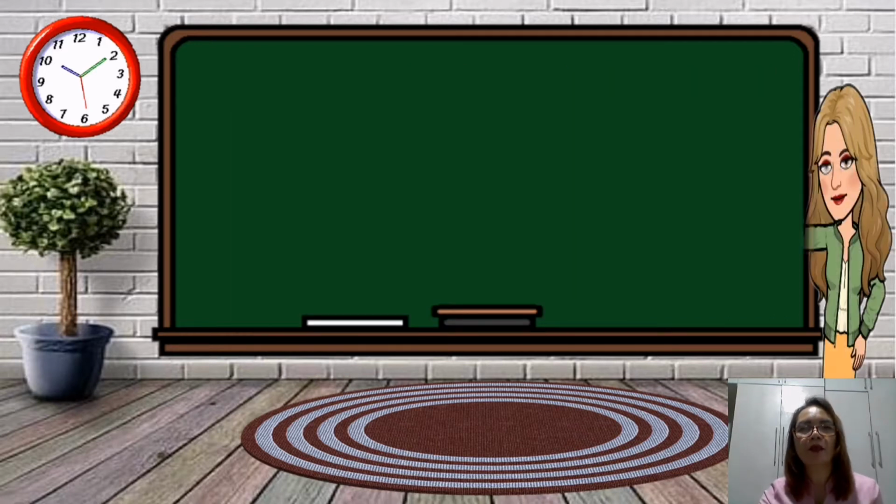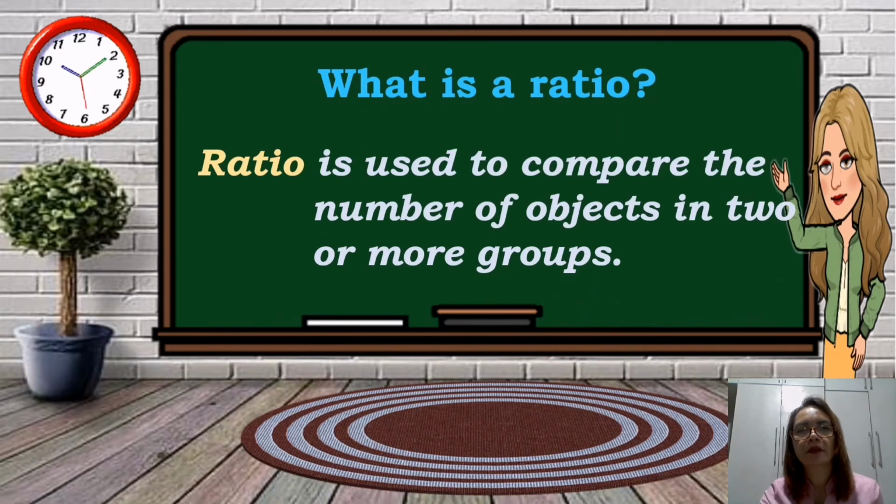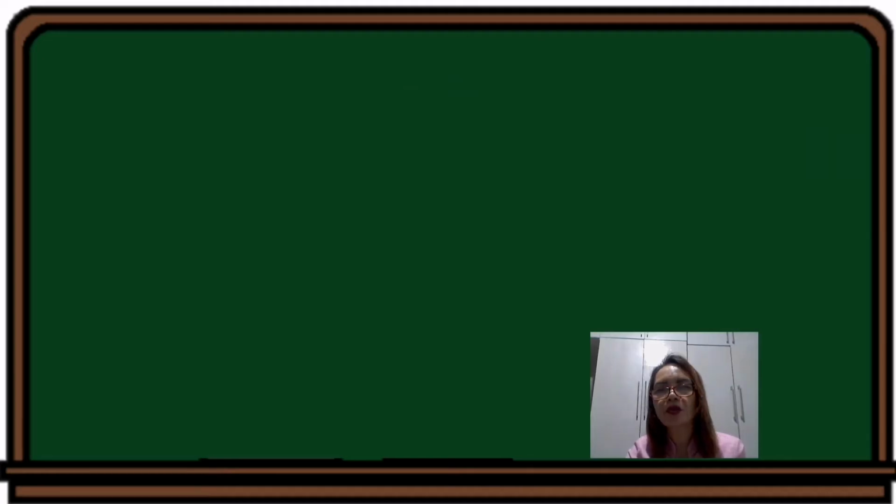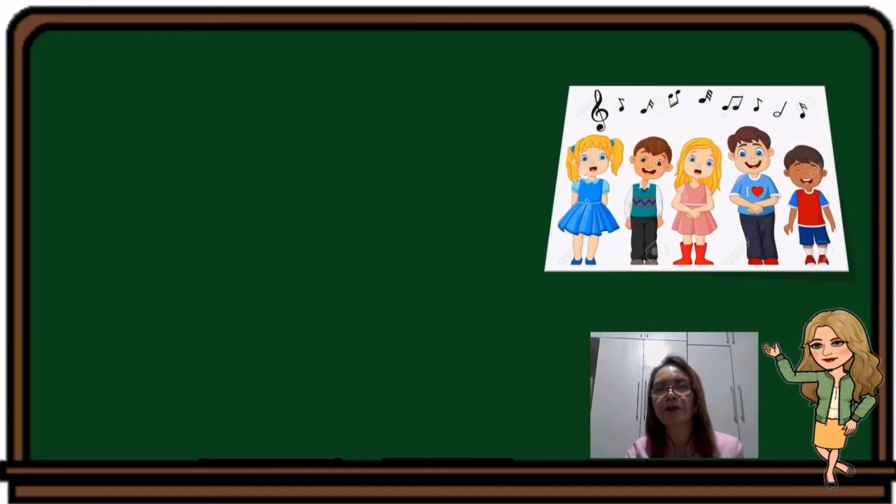So again, what is a ratio? Ratio is used to compare the number of objects in two or more groups. Okay, I'm going to show you a picture. Okay, a group of children. So what do you think? The objects that we're going to compare are the quantities.